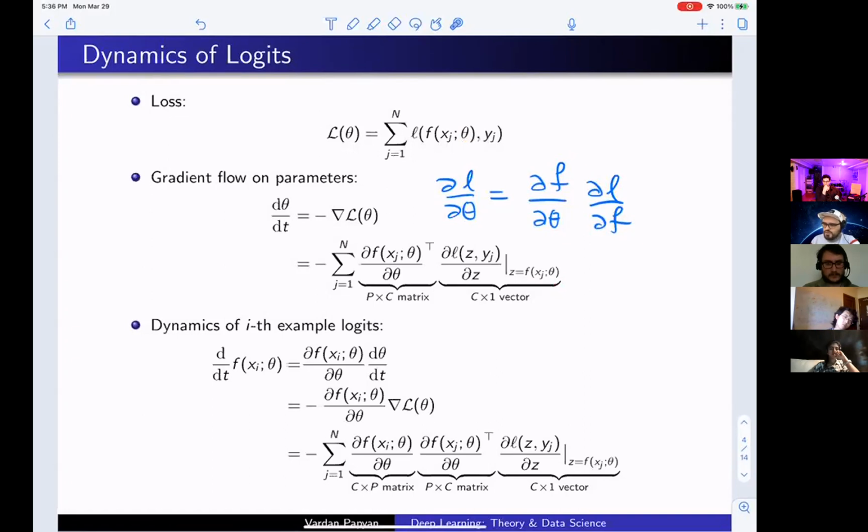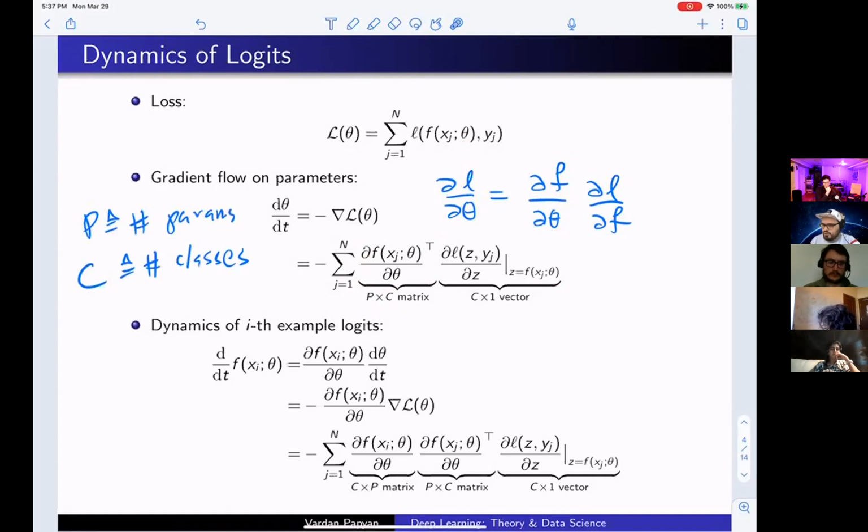Now notice the dimensions. The dimensions are extremely important here. Otherwise, if you don't pay attention to dimensions, you might get lost. So the derivative of the logits with respect to theta, transposed, is a P by C matrix. What is P? P is the number of parameters, and C is the number of classes.